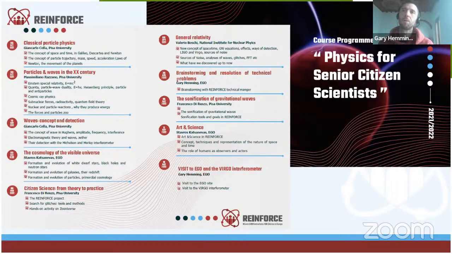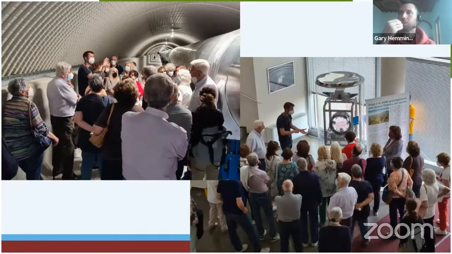Beyond the life of the project, we will continue to exploit that. We've developed a program, which has already begun for this academic year, which will involve the same group, one course of roughly an hour a month. That's been a lot of fun. Just a couple of photos of when they came to visit us on site.